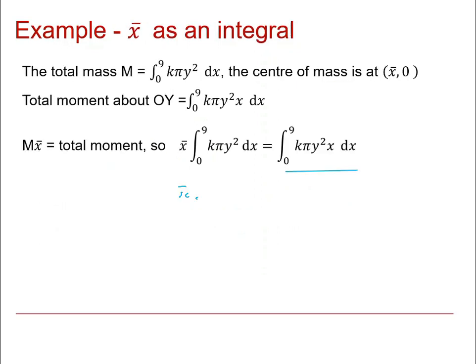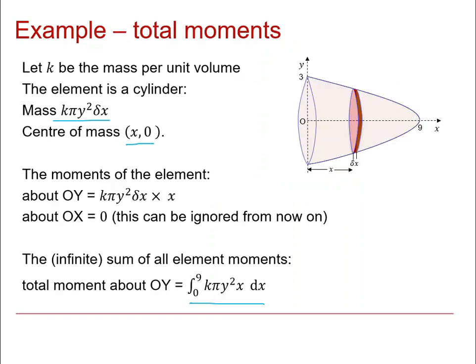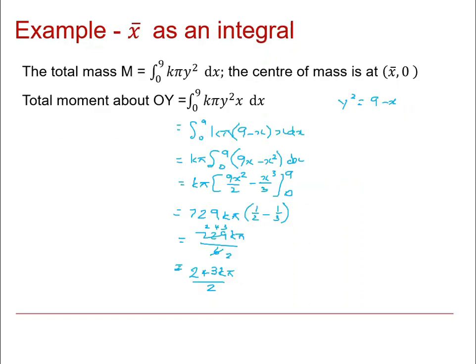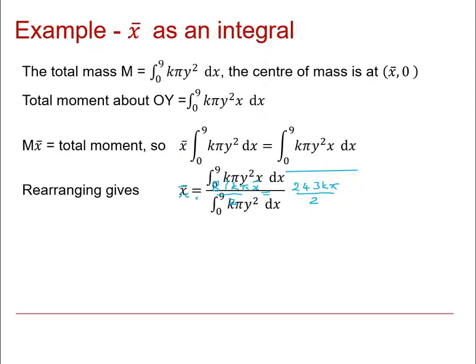So 81 k pi over 2 times x bar is equal to, and the other one was 243 k pi also over 2. If you don't believe me, we'll check back briefly. 243 k pi over 2. So that gives us that calculation to carry out.